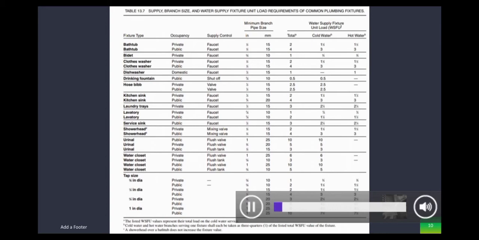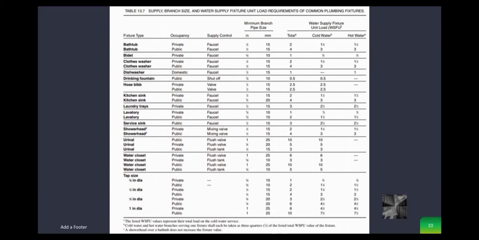Branch pipes can be sized from minimum branch requirements cited in the building code, such as those provided in table 13.7. So here in table 13.7, supply branch size and water supply fixture unit load requirements of common plumbing fixtures is shown.